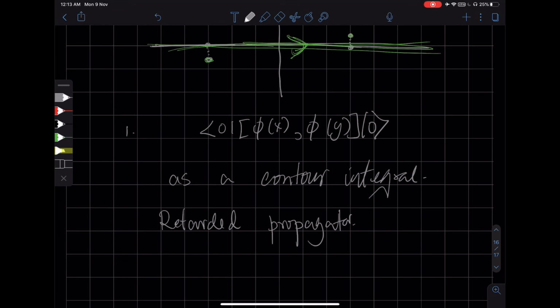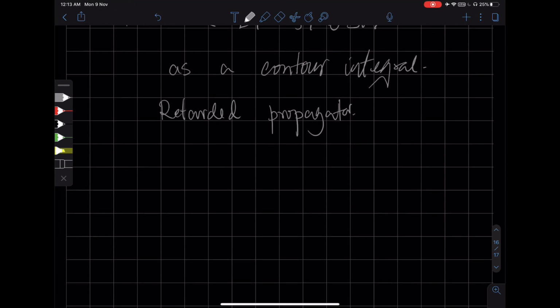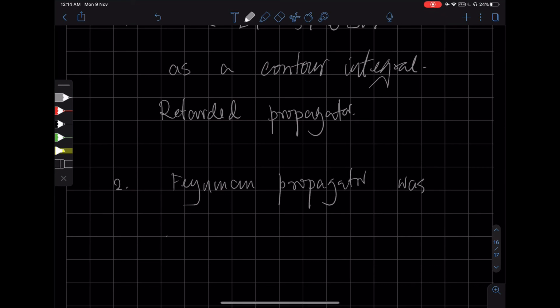And the other thing is that the Feynman propagator was non-zero for both choices of contours.